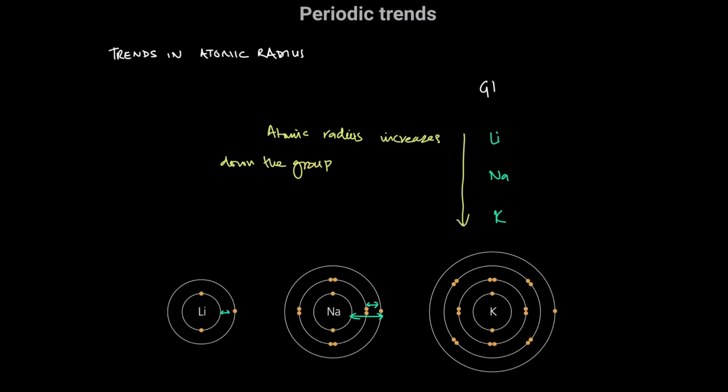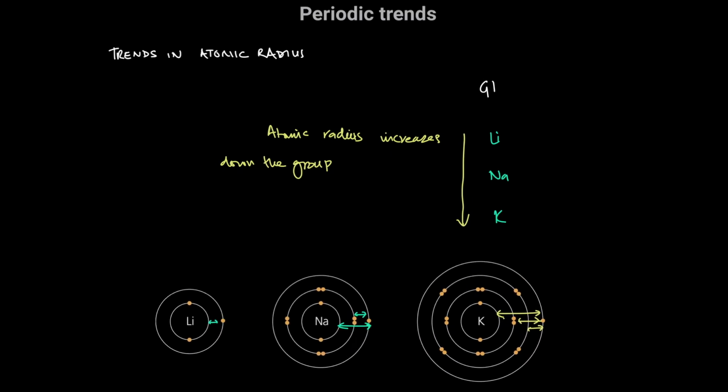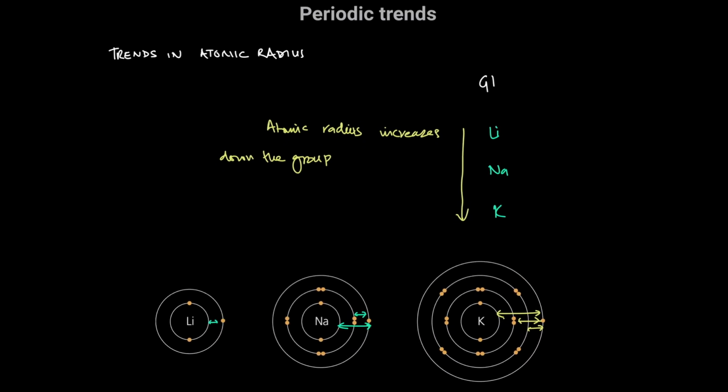So this outer electron experiences greater repulsion or greater shielding due to inner electrons, whereas in potassium, that's the greatest. You have way more electrons in inner shells, which means you have greater shielding or repulsion due to those inner electrons. So what we can say here is that atomic radius increases down the group.